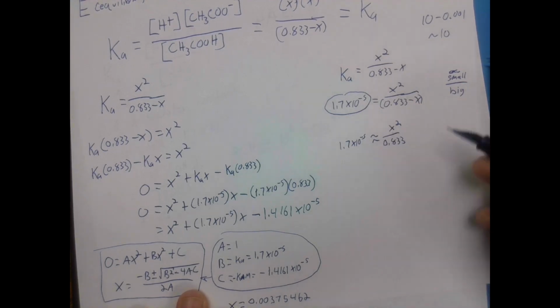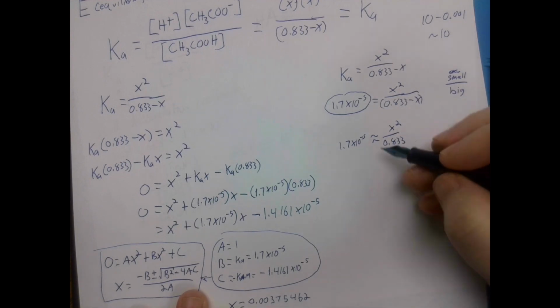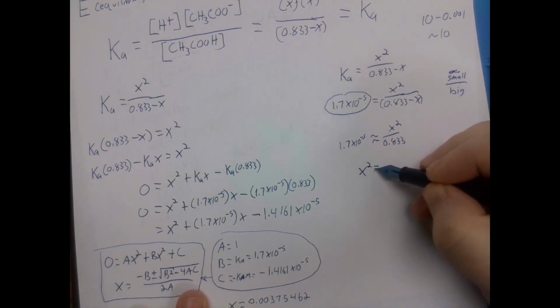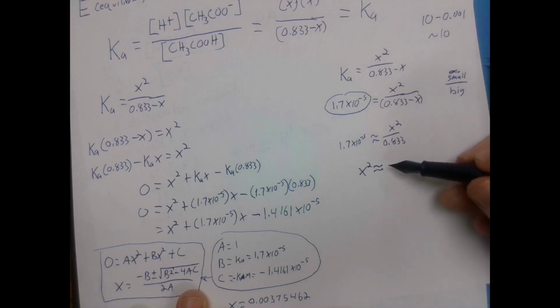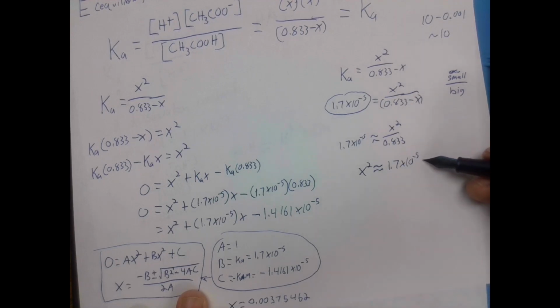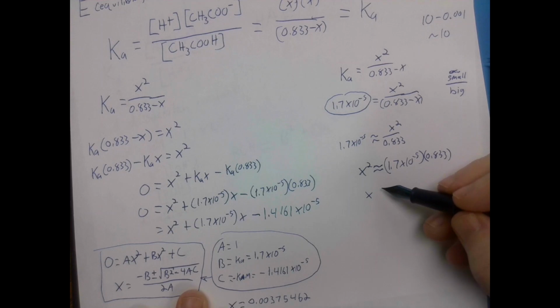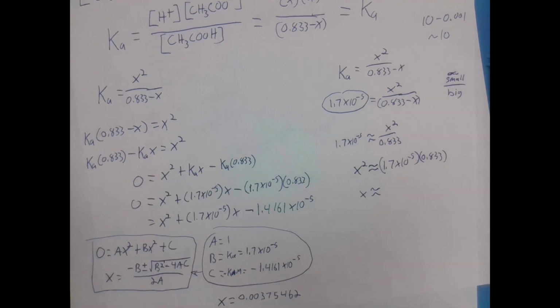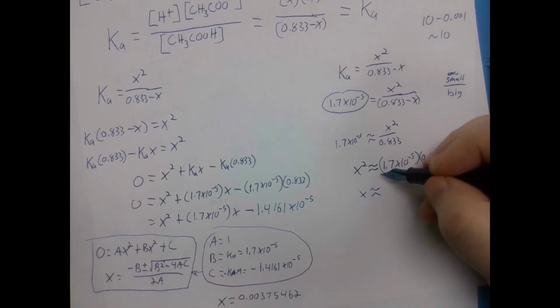Thus, we can solve for the approximate x squared. X squared is thus approximately equal to 1.7 times 10 to the negative 5 times 0.833, and x is approximately equal to the square root of that.